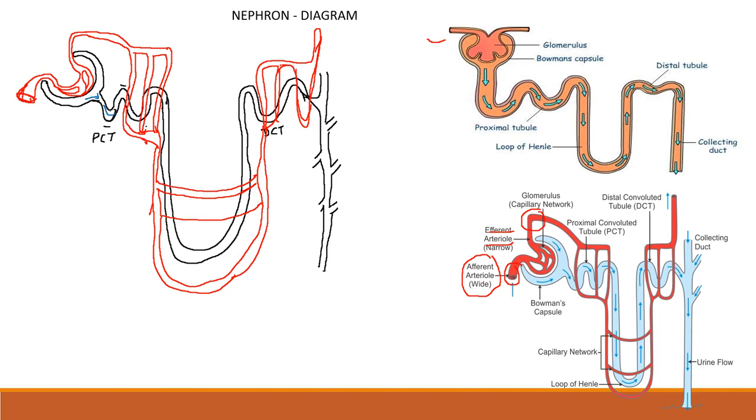This filtrate will move to the PCT, and in the PCT, that is the proximal convoluted tubule, there will be a reabsorption of water and minerals such as sodium and potassium, and that water, sodium, potassium will go to the efferent artery.